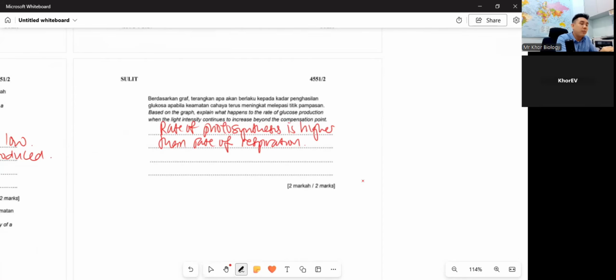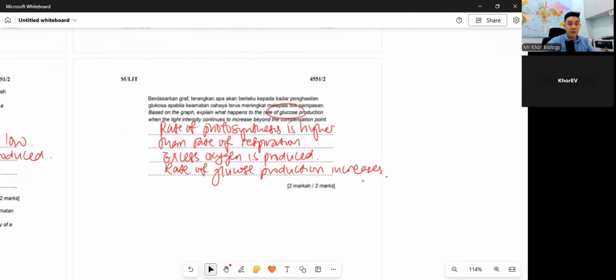So therefore, excess oxygen is produced. But guys, bear in mind, they're asking about the rate of glucose, so please remember to answer this as well. Rate of glucose production increases.